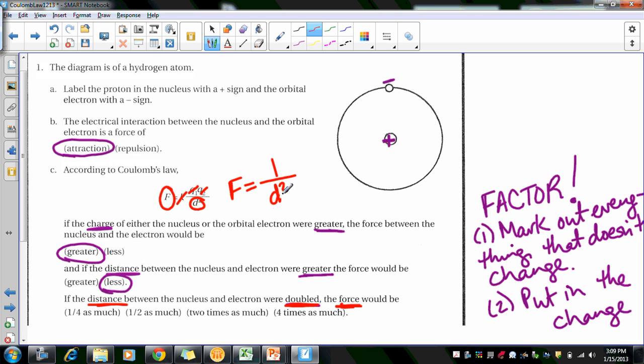So 1 over d squared. Now, how is the distance changing? The distance is doubled. So number 2 says to put in the change. So F equals 1 over double, which is 2, squared. So it'll be 1/4 of the force. If you double the distance, you get 1/4 the force. So 1/4 as much.